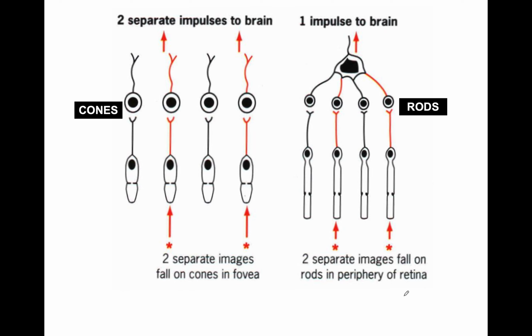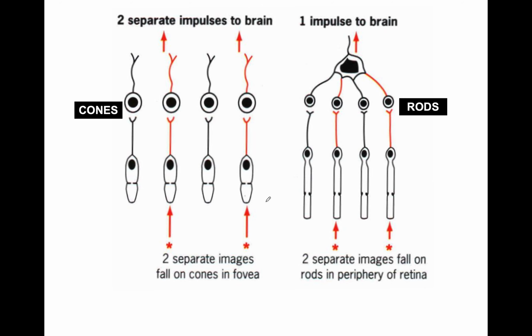Okay, this next diagram begins to explain why cones have a much higher visual acuity. Now it's related again to those synapses between the photoreceptor cells, the cones on the left and the rods on the right, and the bipolar neurons. Each cone has a 1-to-1 ratio with a bipolar neuron.